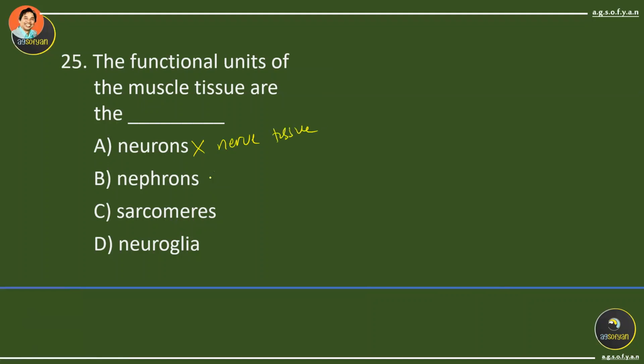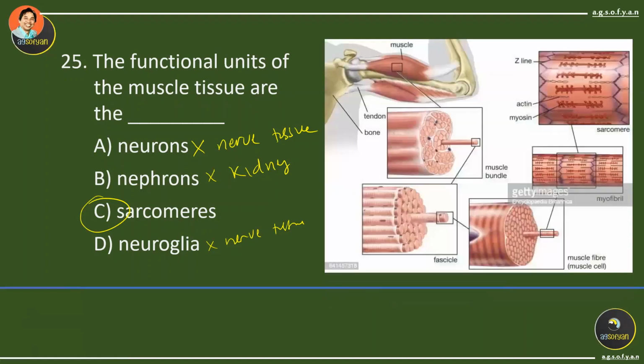Nephron is for kidney. Neuroglia is also for nerve tissue. So the correct answer will be sarcomere. Sarcomere is the functional unit of muscle that actually contracts.